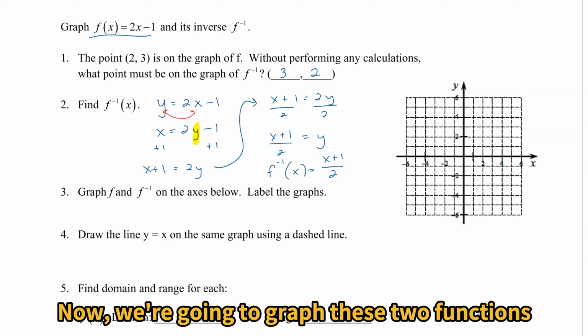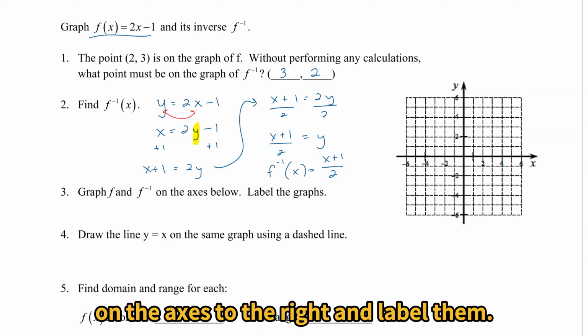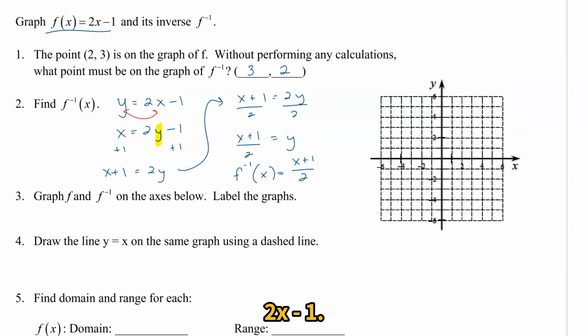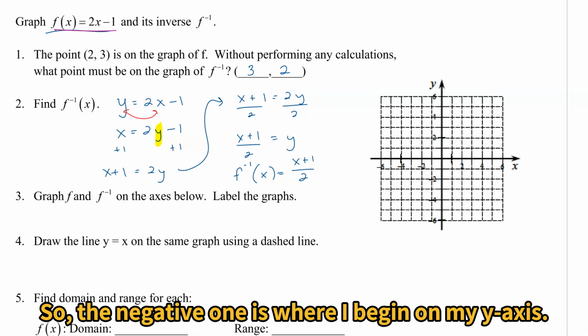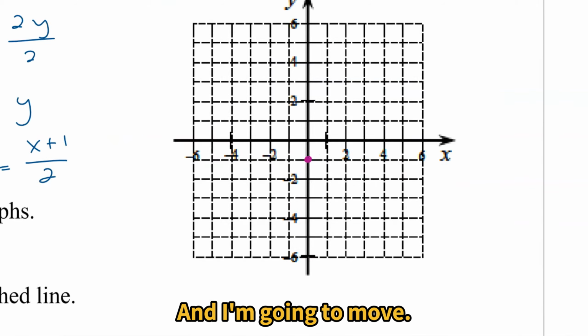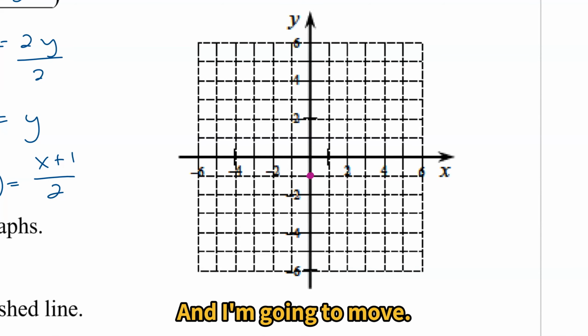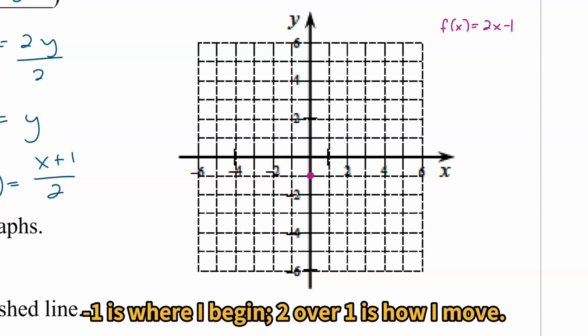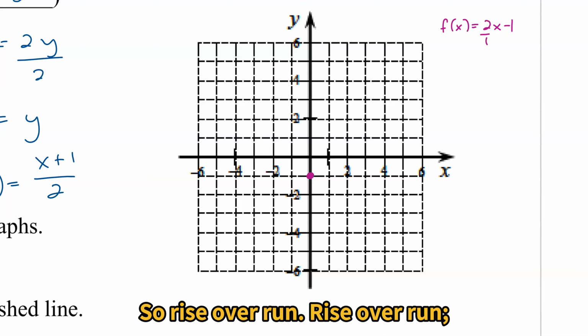Now we're going to graph these two functions on the axes to the right and label them. I'm going to start out with my f function, 2x minus 1. So the negative 1 is where I begin on my y-axis. 2 over 1 is how I move, so rise over run.